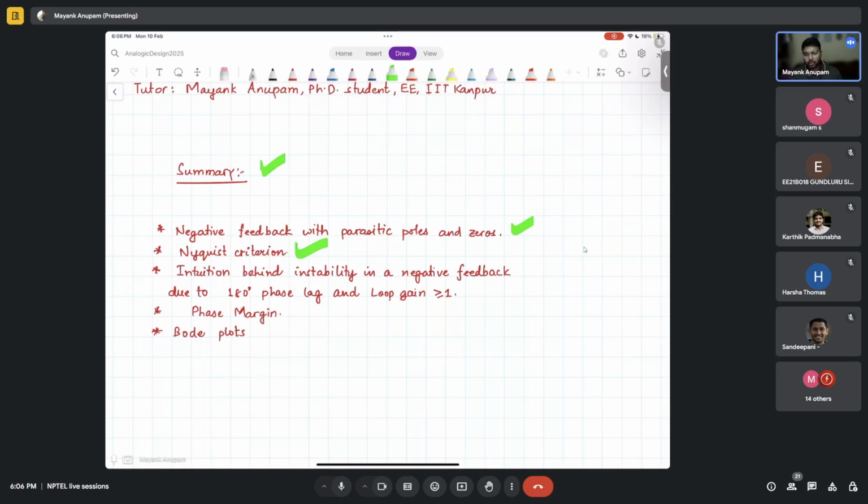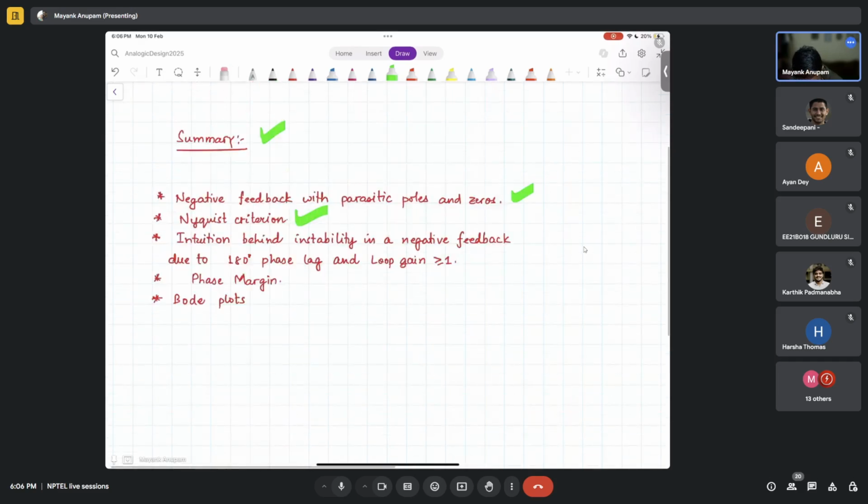We only have to plot the loop gain of the system on the S plane, and then see whether the loop gain plot encircles the -1, 0 point clockwise or not. If it doesn't encircle it clockwise, then we are safe. That is how we saw this.